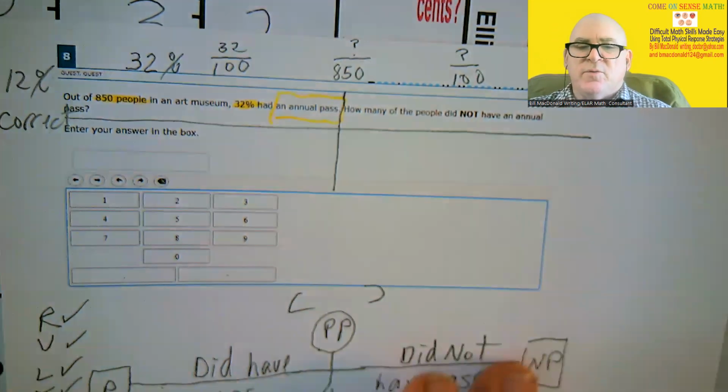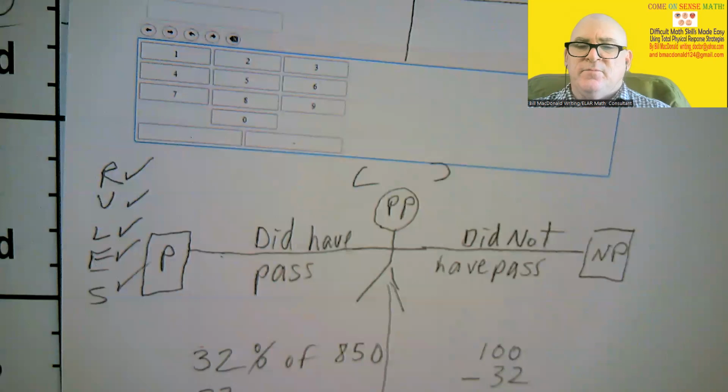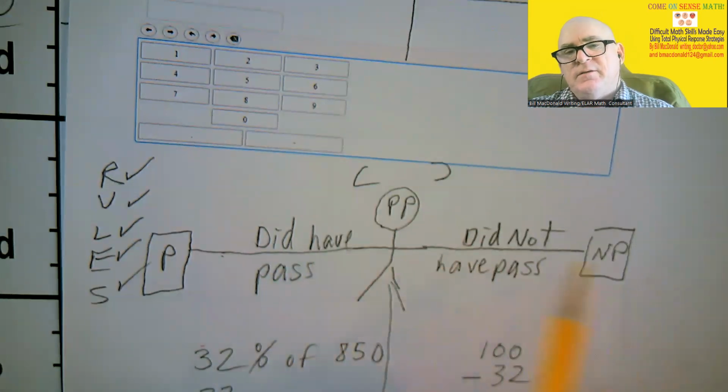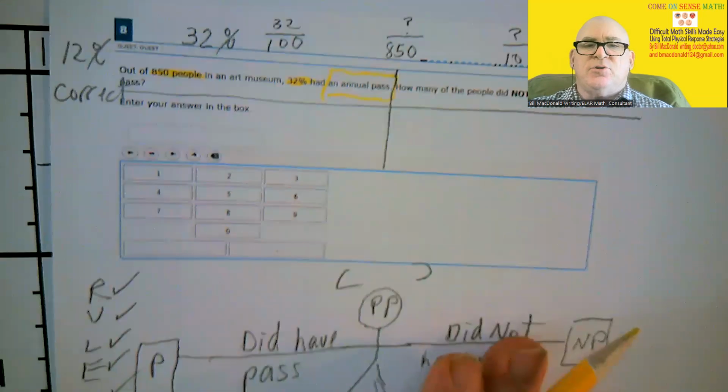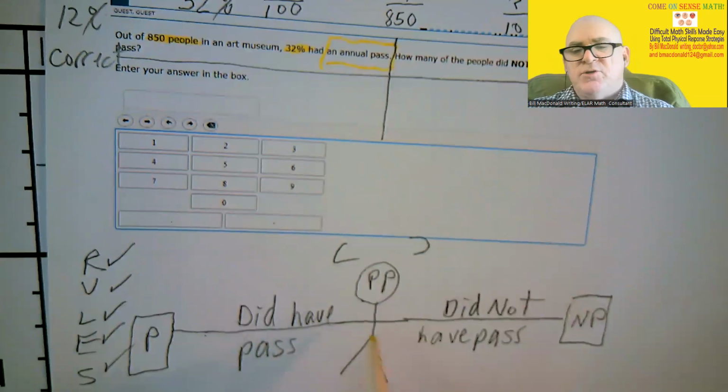That was something. So what I did was a little T-chart here so that I can transition between the haves and the have-nots. And so I drew a little head. Sometimes drawing a picture is going to help the kids. So I have people either with or without passes.